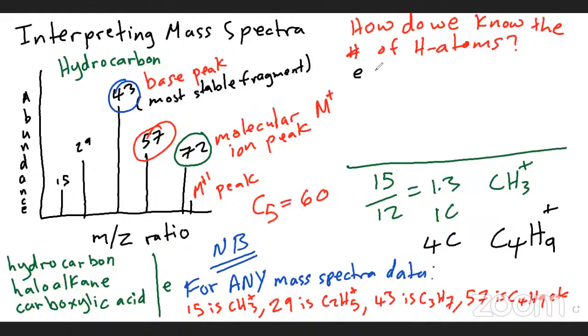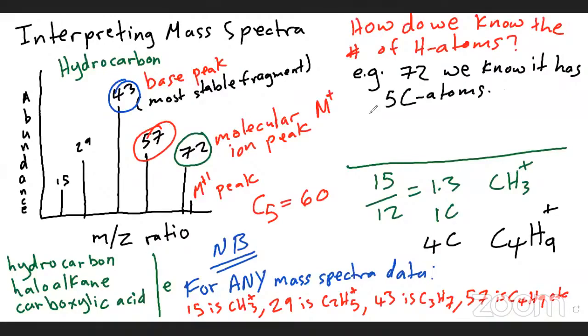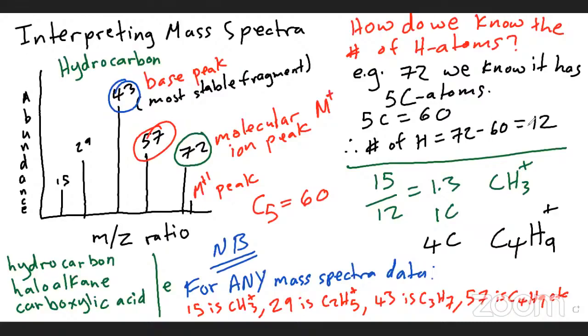So let me use an example to explain. So for 72, to get the amount of hydrogens, we're always adding up the mass of the carbon atoms and then subtracting it from the number.